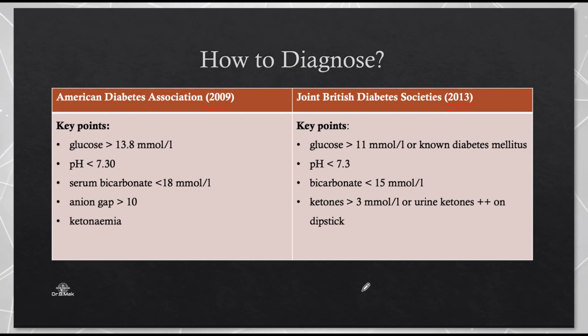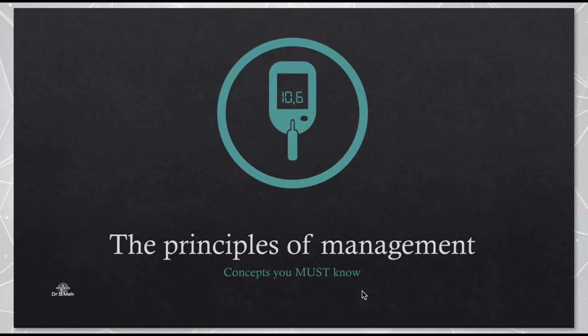You're trying to buffer away the acid and you're barely catching up. A high anion gap, and preferably with ketone bodies, to know that the extra anion in the body is actually the keto anion, which is ketones. And you can have that positive on a ketone dipstick, or ketonemia if you have the blood test.